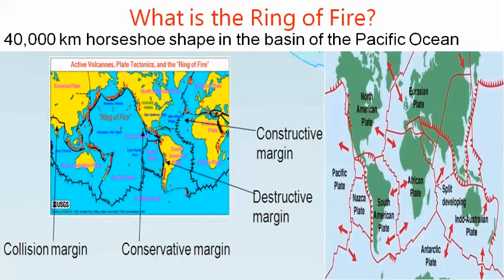Till now I have told you what happens because of the various movements of the boundaries. So this particular region is the area of 90% of the world's earthquakes, and almost 81% of the world's largest earthquakes. 90% of the earthquakes and 81% of the world's largest earthquakes.